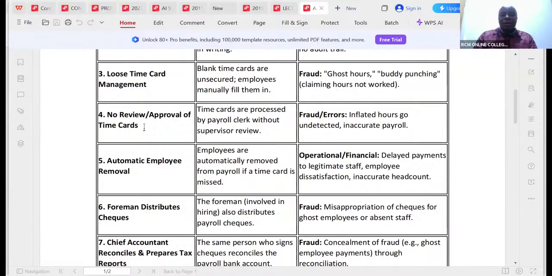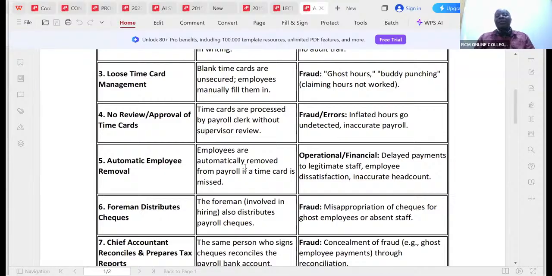Yeah, we have already looked at this. Automatic employee removal. Employees are automatically removed from payroll if a time card is missed. The risk here is delayed payments to legitimate staff, employee dissatisfaction, inaccurate head count.